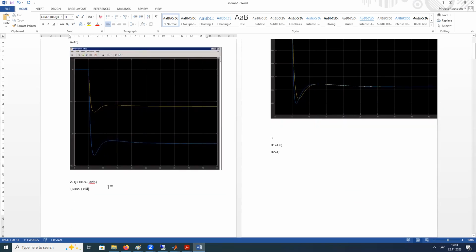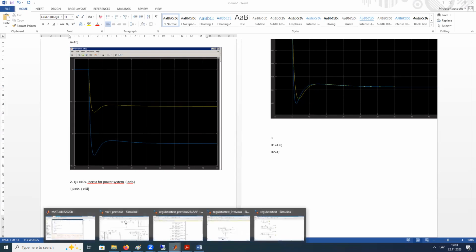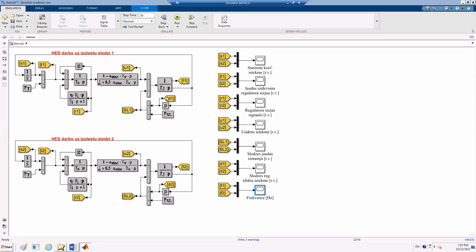The second screen, we have the difference in Tj for this inertia. I'll write this in there. Inertia for power system. As I said, inertia for power system is here. This unit represents the power system inertia.